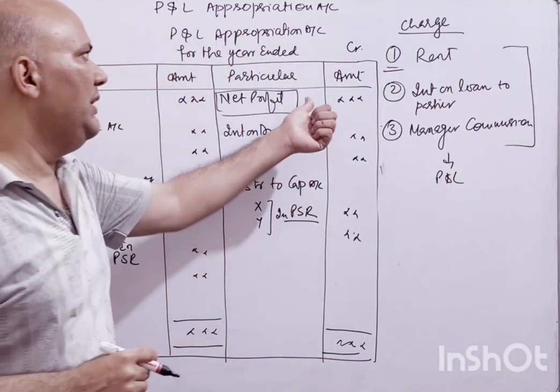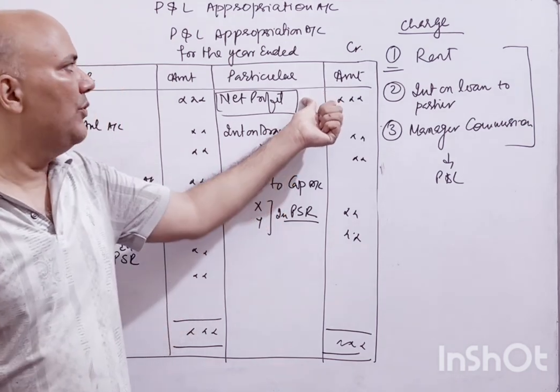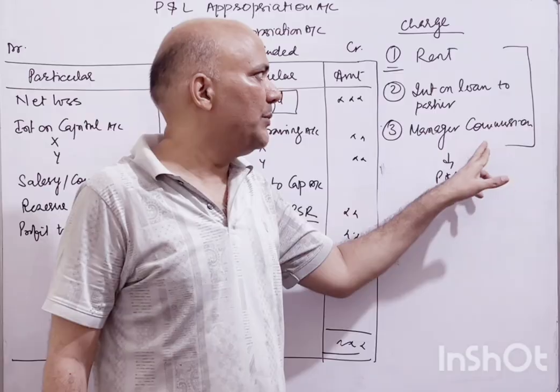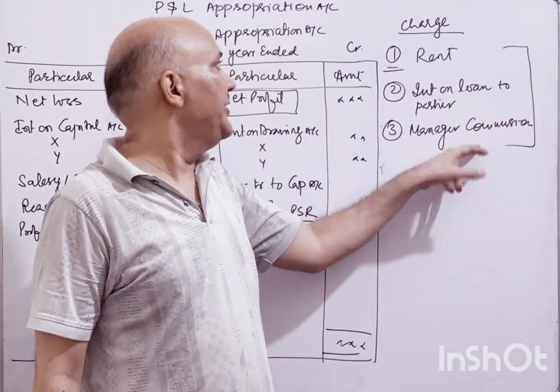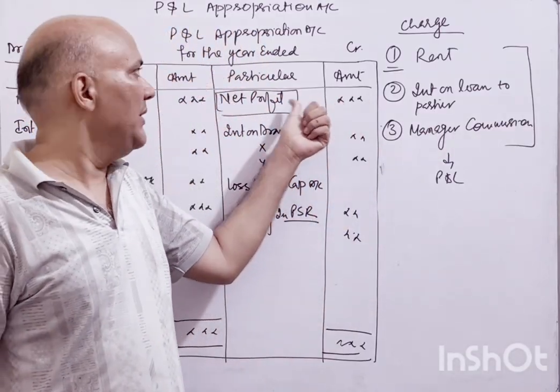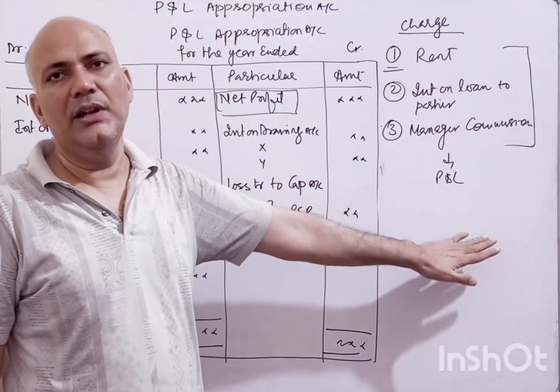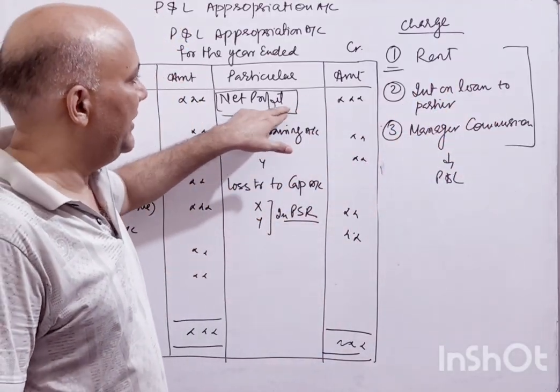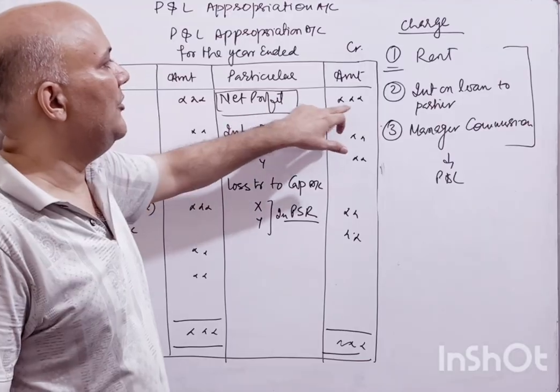So you have to read the question carefully. For the net profit which has been given, see whether the three items have been debited, that is, deducted from the net profit or not. That means the net profit is coming after all three items. If that is not the case, first you have to deduct here inside the column, and then write the net amount.